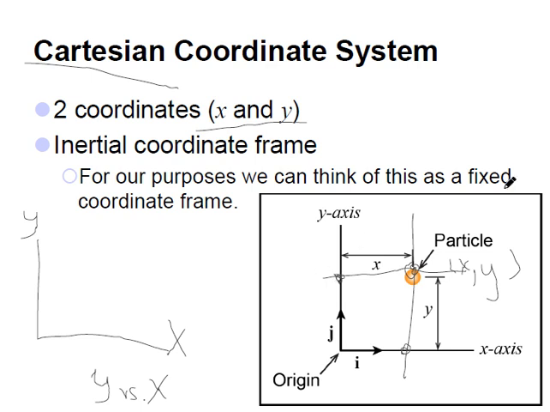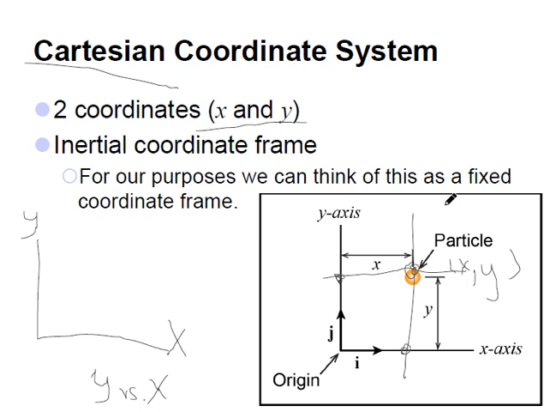So that's what we call a fixed coordinate frame. It's a little bit difficult for you to get it right away. You've got to try to get it. Mechanics dynamics is a very deep subject to study. You cannot get it right away. Nobody gets it right away.